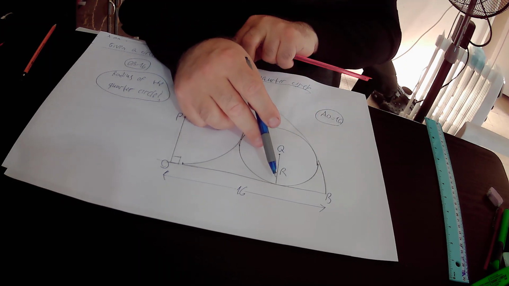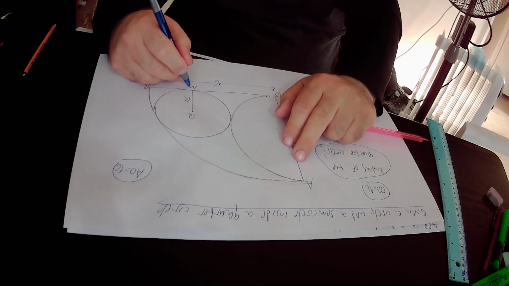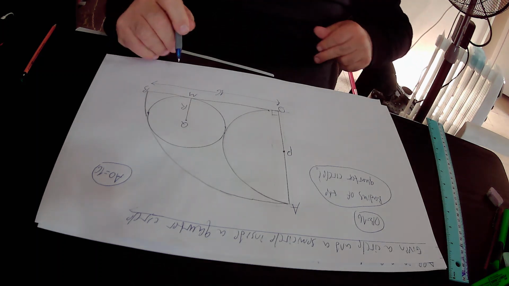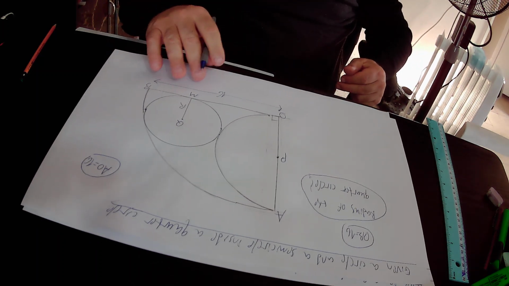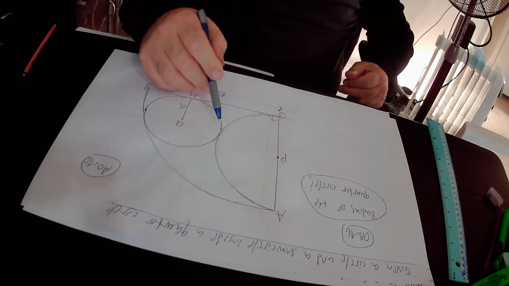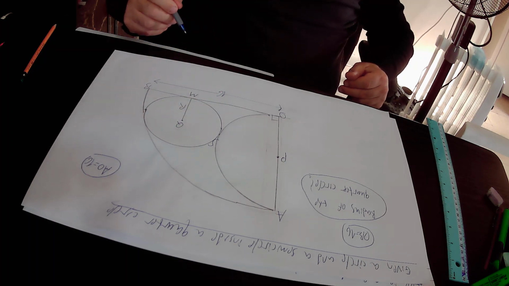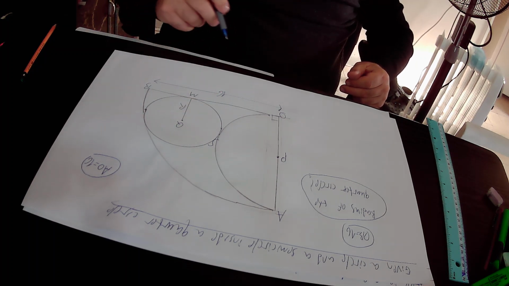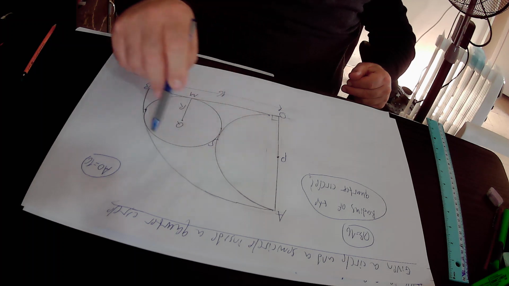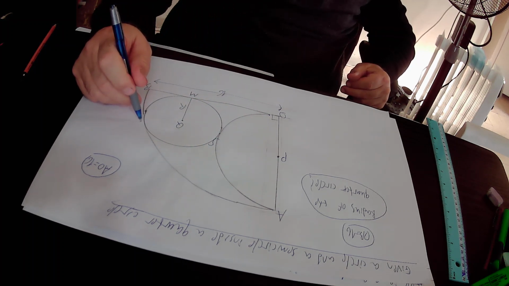This point is point M. We define the touching point of this semicircle with this small circle. This point is point S. And finally, we define the touching point of this big quarter circle with this small circle. This point is point T.